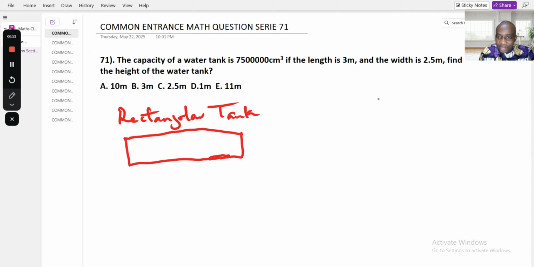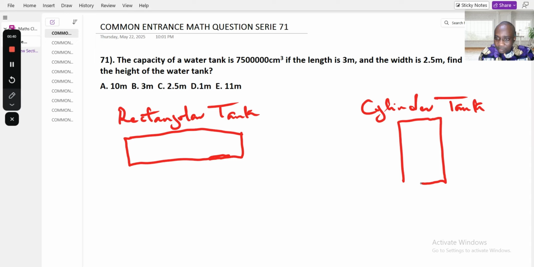This is the rectangular tank. This is the cylinder tank. The formula for the two is different.